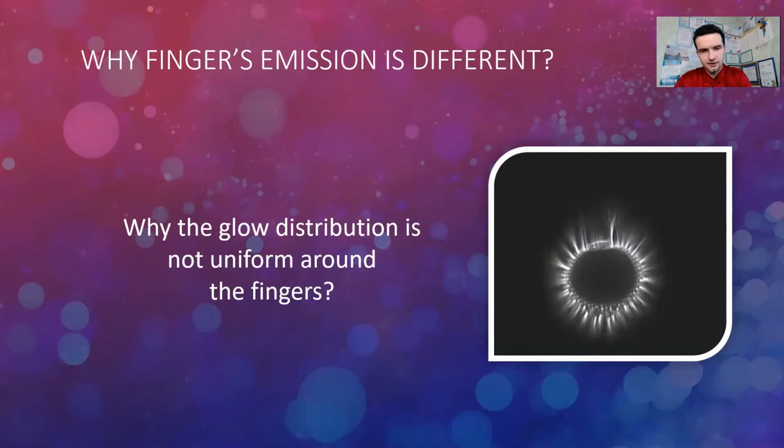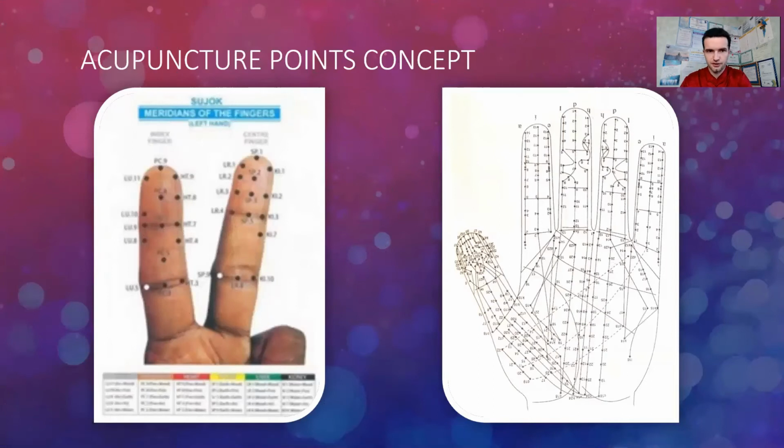The answer is pretty simple. In the beginning of the development of this technology, it wasn't as simple as it seems to us so many years after that. Thanks to Peter Mandel, who first on this planet proposed to use the Su Jok meridian system, the acupuncture point system, when interpreting the glow of the fingers.